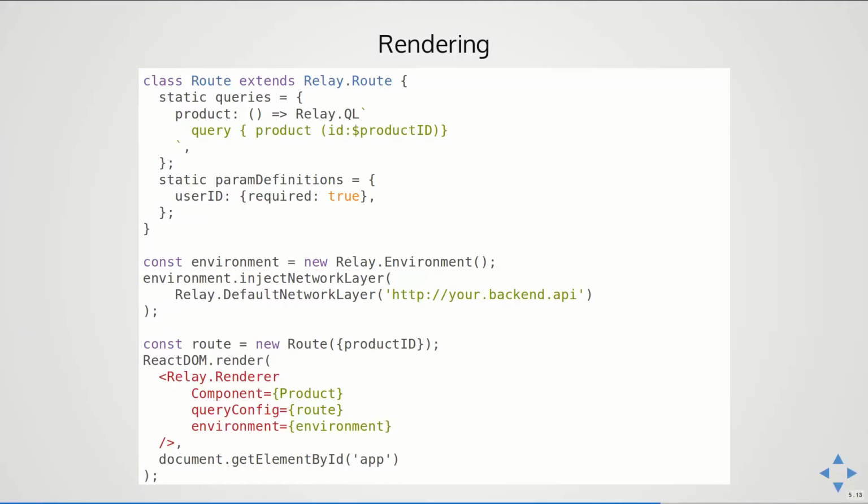So you can just specify the address of your GraphQL server, specify your queries, which are called routes. This is not something like React routes. It's an entirely different concept, and it's just bad naming. And just render it, and it happens in the same way as with Redux: Relay takes care of rendering what's necessary when needed.